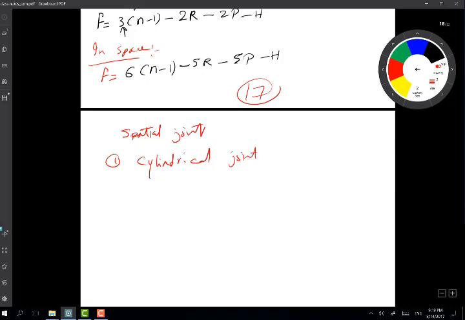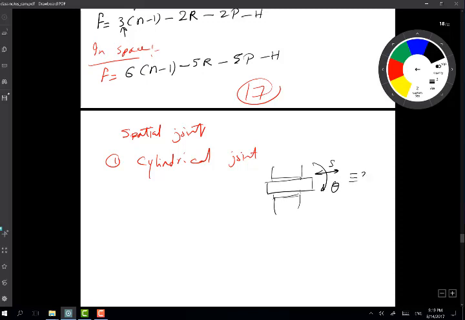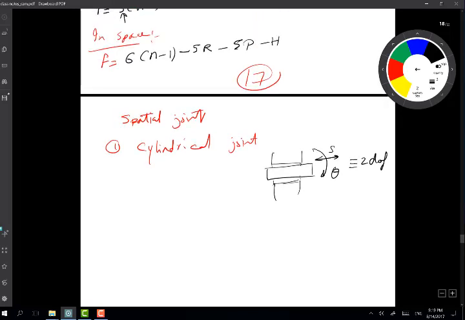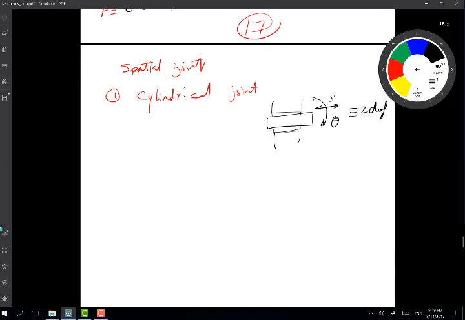The cylindrical joint, if you remember, was simply a cylinder inside a cylindrical sleeve, which was allowed to slide and allowed to rotate, right? So it has 2 degrees of freedom, so you expect it to deduct 4, because in space we have 6 degrees of freedom for an object.